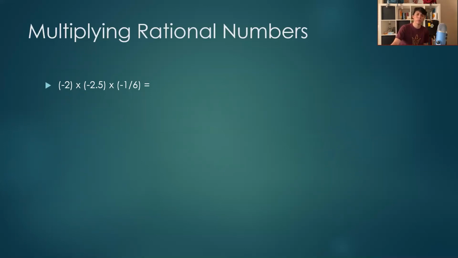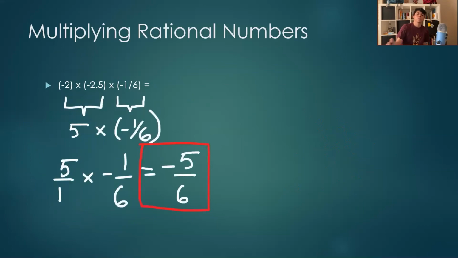Okay, so the way I did it, I personally like fractions, but sometimes decimals are easy to multiply. So I did these first because it wasn't too bad. -2 times -2 and 5/10 is just 5.